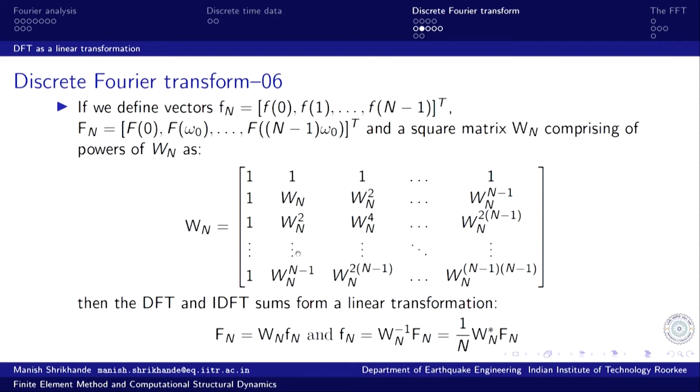So, this entire complex matrix vector multiplication is an n square operation. The computational effort, the number of floating point multiplications in this implementation, is of the order of n square, where n is the number of data points.